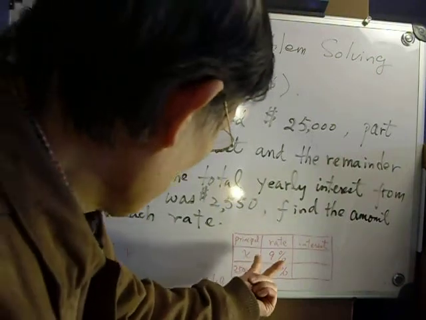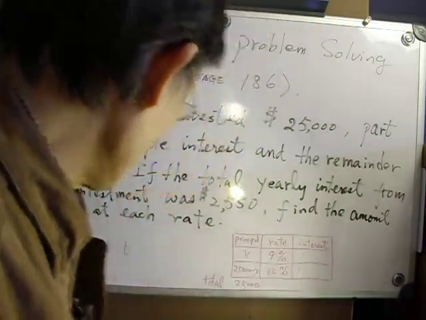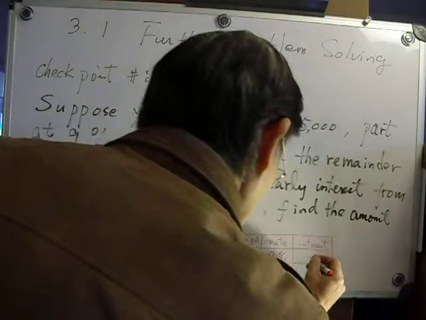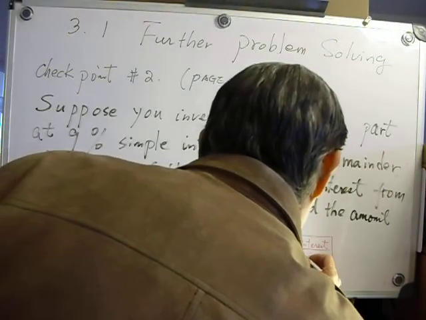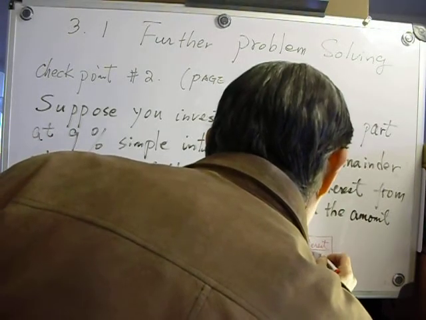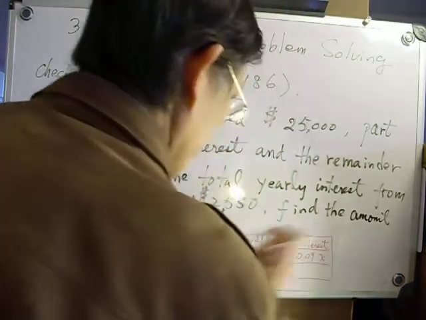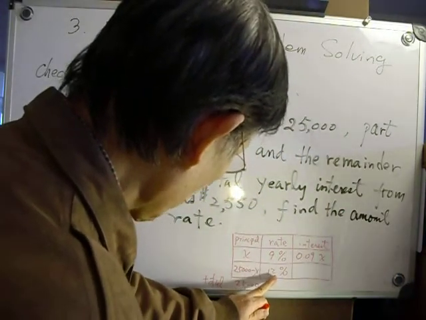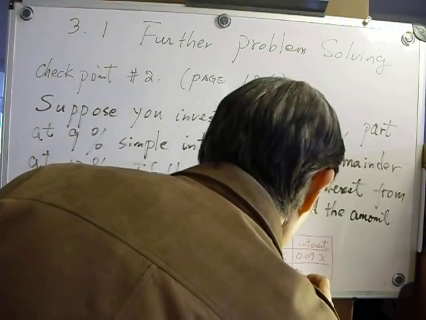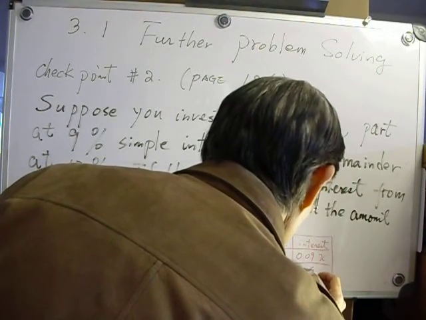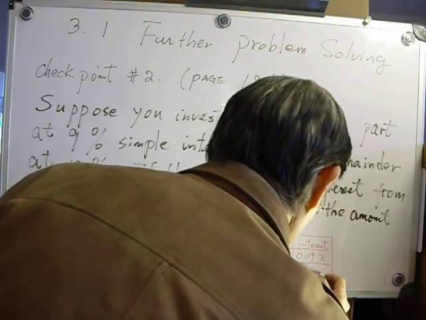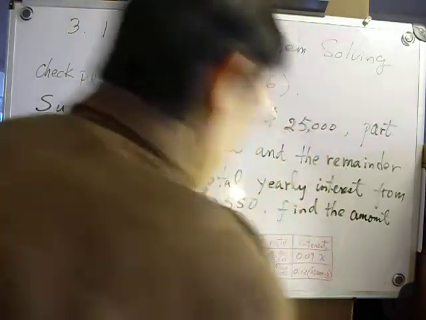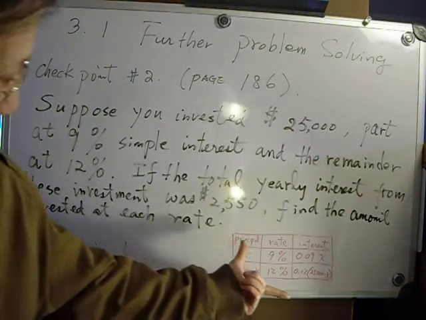Now, principal times rate is interest, this formula. So you can write here 0.09x. This is 9% converted to 0.09 times x. And 0.12 times parenthesis 25,000 minus x. That's how you fill in the box here.